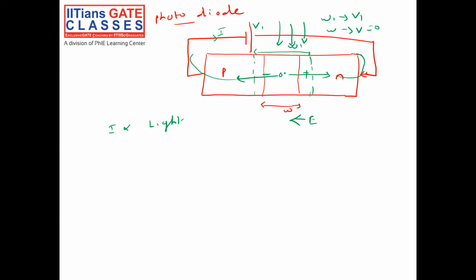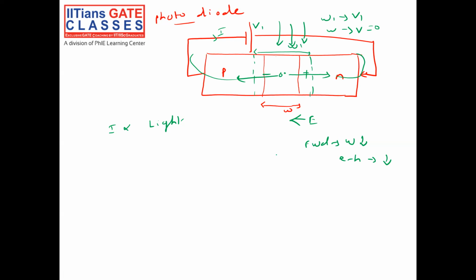So the photodiode should be operated in reverse bias. If you apply forward bias, the depletion region will be smaller, so the electron hole pair generation will decrease.